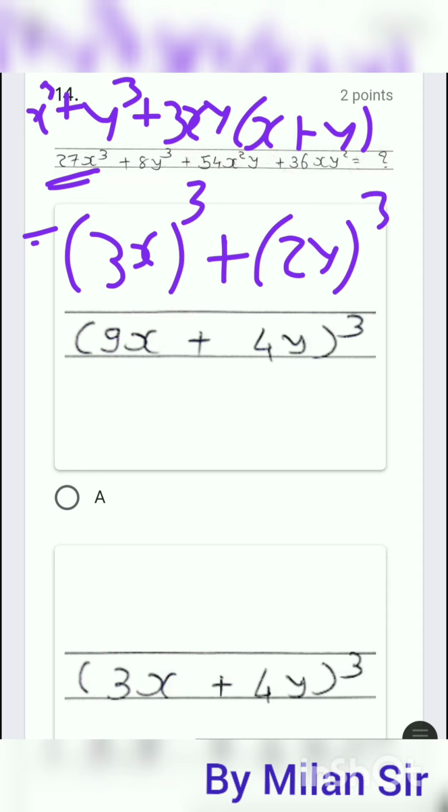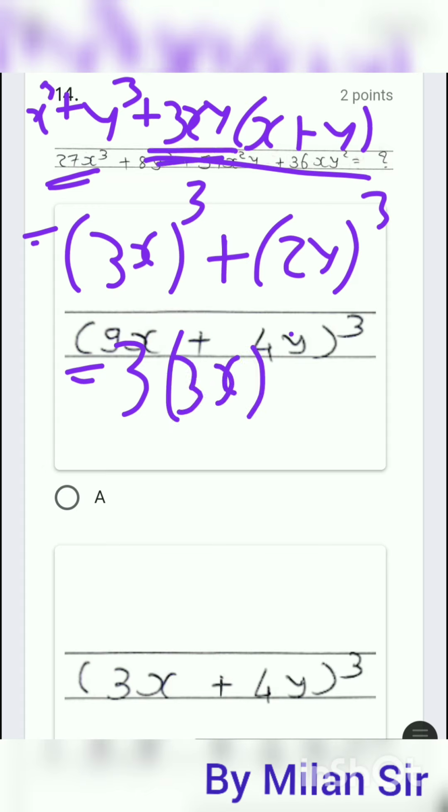And now we need to write up this step: plus 3xy and in bracket x plus y. So directly write down 3xy. x means first bracket 3x, and y means second bracket 2y. And in bracket x plus y means first bracket plus second bracket.